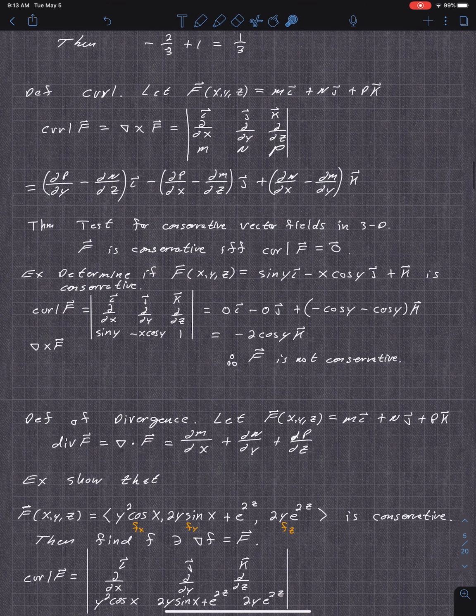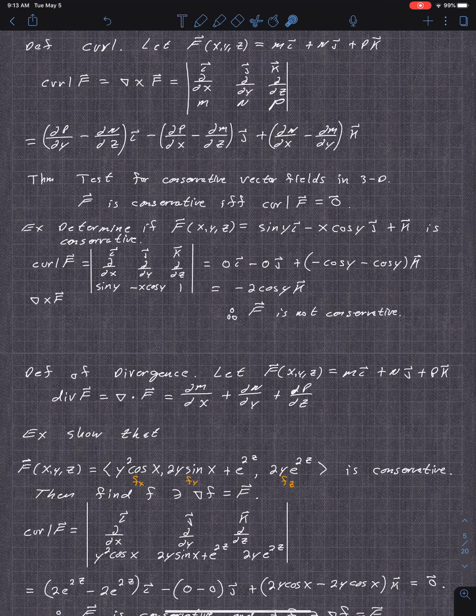Okay, the next definition is the concept of curl. Let F of x, y, z be M, N, and P. So there's your vector field. Then the curl of F is defined to be del cross F. You can do this determinant, and in here you put in the operator, the partials, and then you take that determinant.